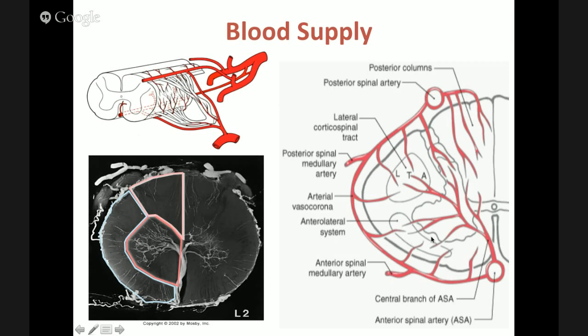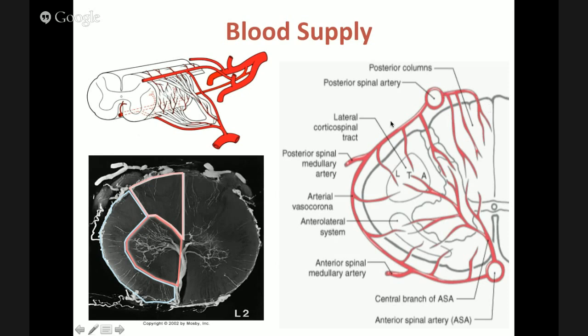The branching from the anterior spinal, you can see that it gives this nice branching into the bulk of the gray matter here, this central region. And on this image, you can see the filling of that anterior spinal artery, and this is the territory which is largely supplied by that anterior spinal.